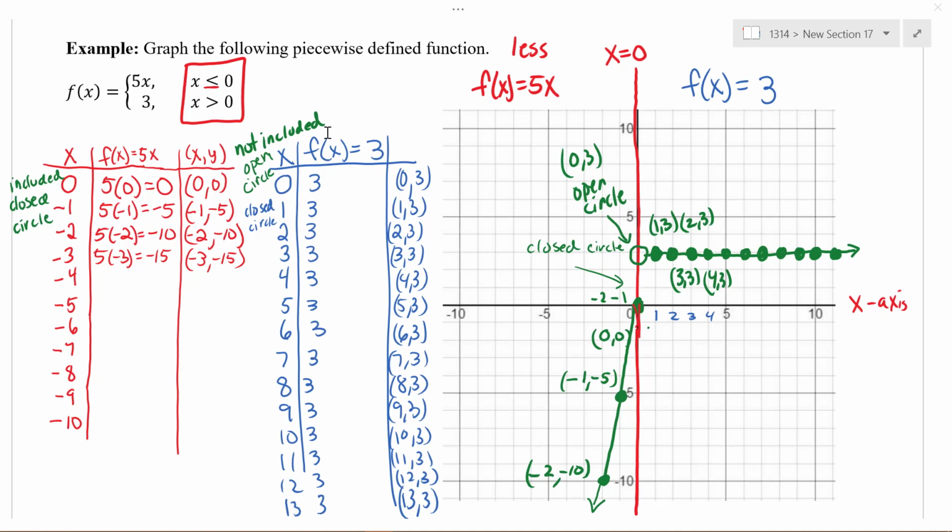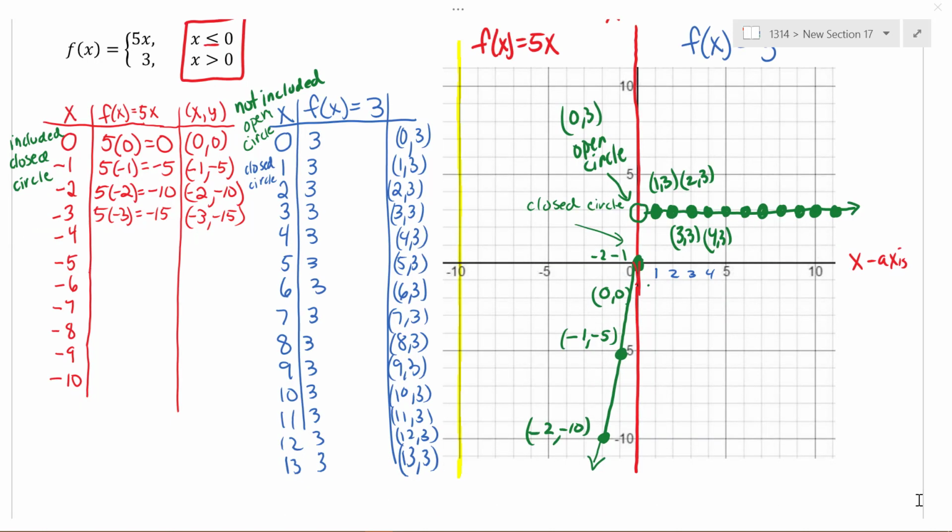In the other table, that cutoff x value will not be included, so we will plot that, but we will plot it as an open circle. Okay, so each of the equations should have some sort of point plotted on the line, maybe as a closed circle and maybe as an open circle. When you fall off the graph, we're going to put arrows to indicate that you could keep going forever in those directions off of your graph and plotting points if you could.